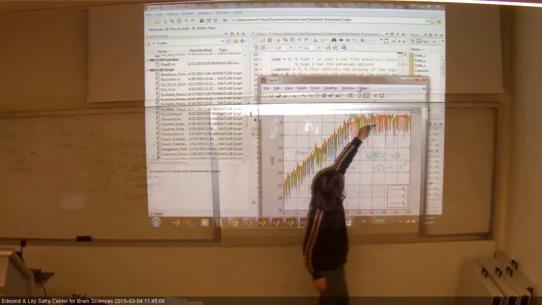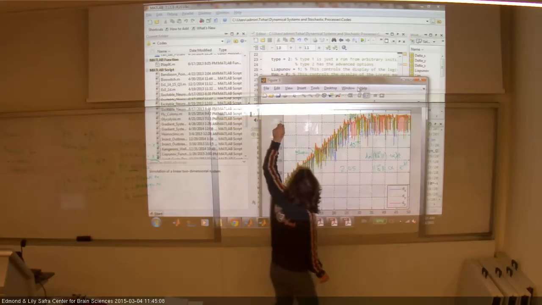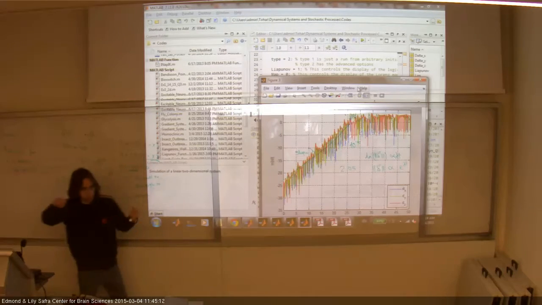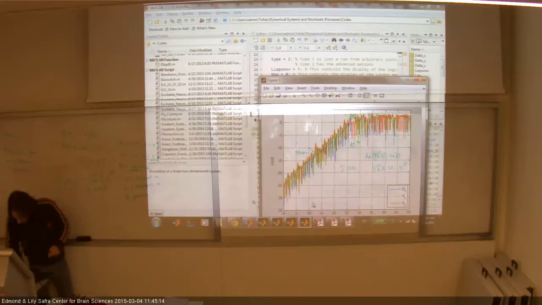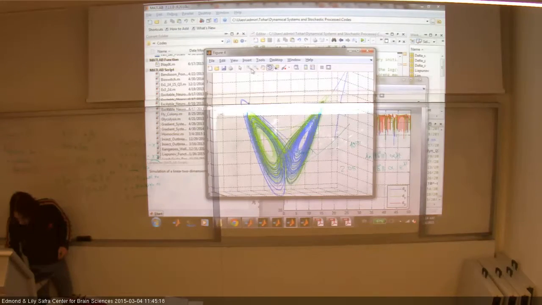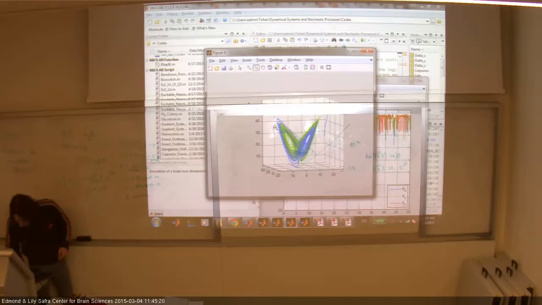Here, this is when logarithm is 0, then the distance is order 1, and if we look at the strange attractor, I want you to see the units. Okay, so you can see that units here are order 10.